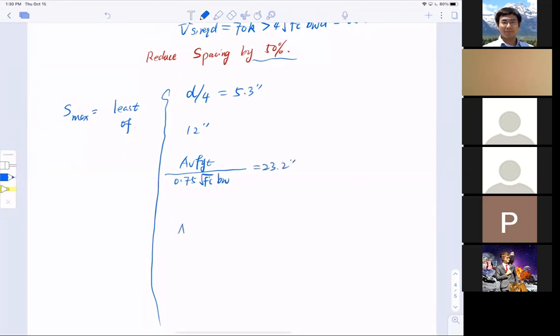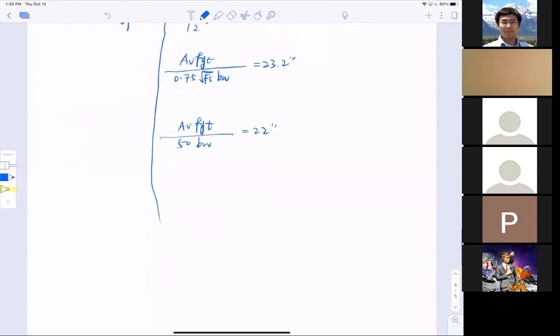And then Av fyt divided by 50 bw, and this is 22 inches, which stays. And now the calculated one stays as well. This is Av fyt multiplied by d divided by Vs required.